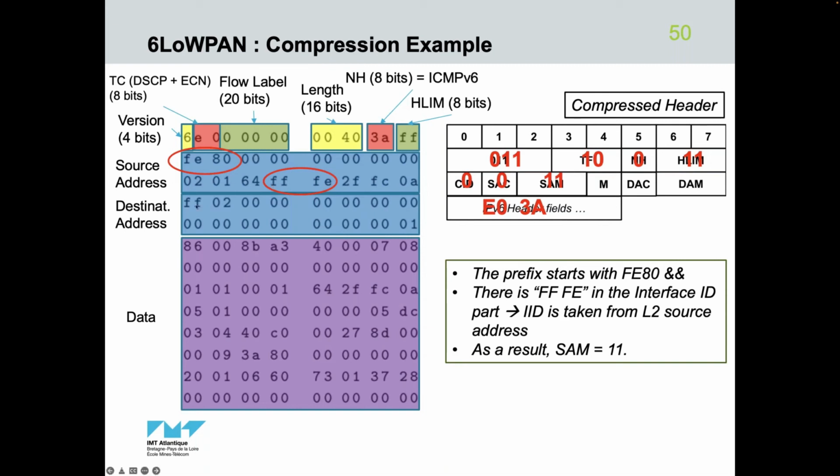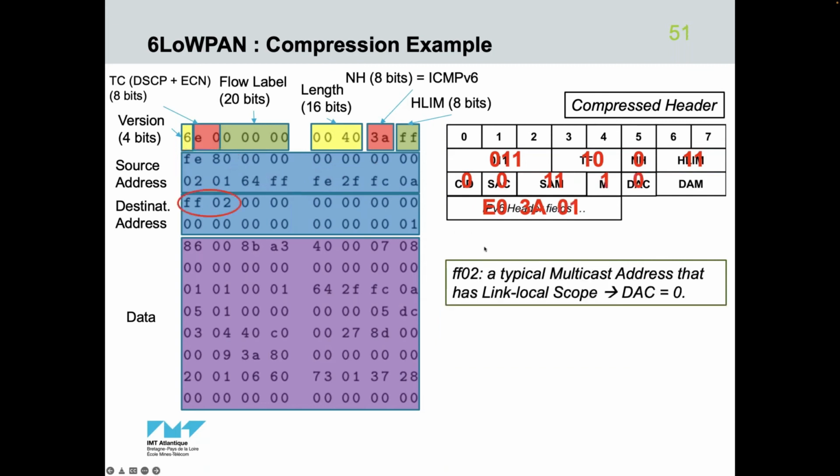So that's why you see here FFFE in the interface ID part. So it represents that we have formed an IPv6 address based on the MAC address. So we do have a link local IPv6 source address here. So this is for the sum field.